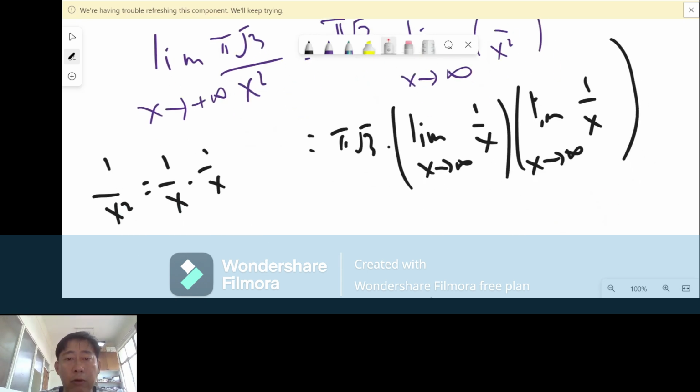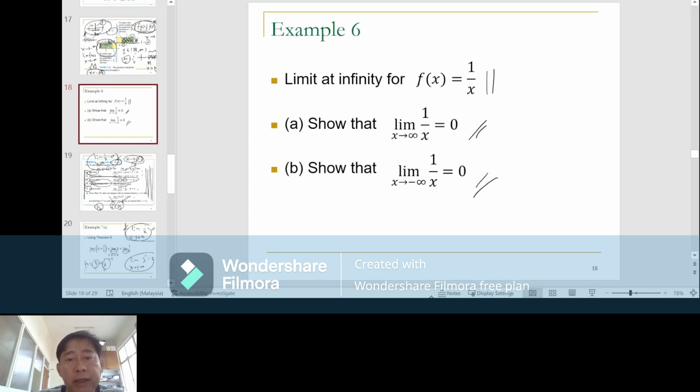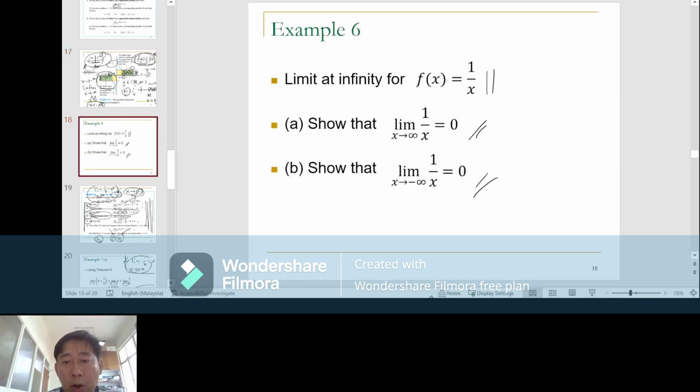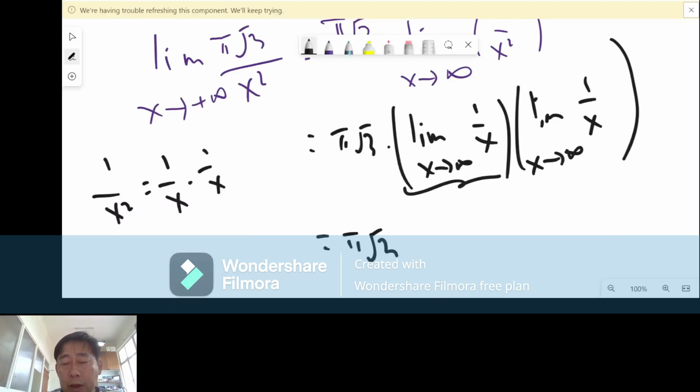So now I could make use of the previously known result that the limit of this is known, right? We have already proven this in example 6, which is proven or exemplified in figure 2.32. So it's assumed that we already know this result. So we make use of this result that 1 over x has a limit of 0 when x tends towards positive infinity.